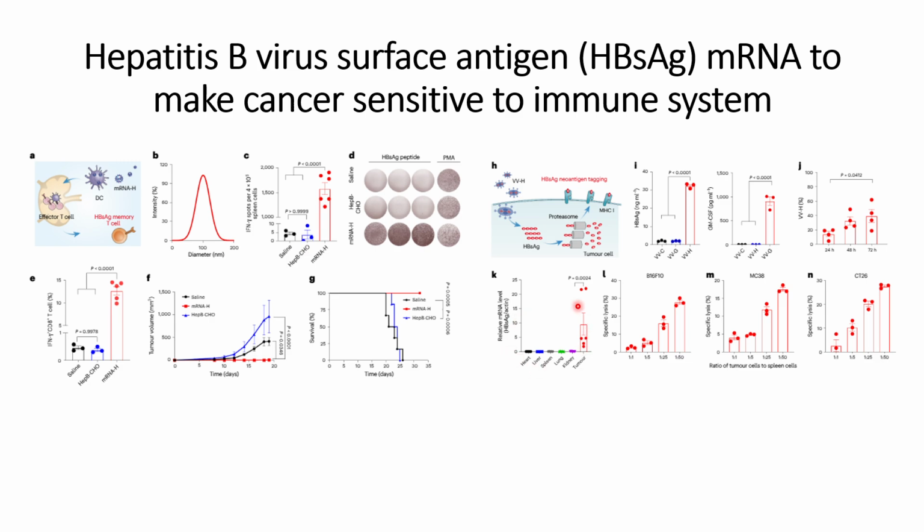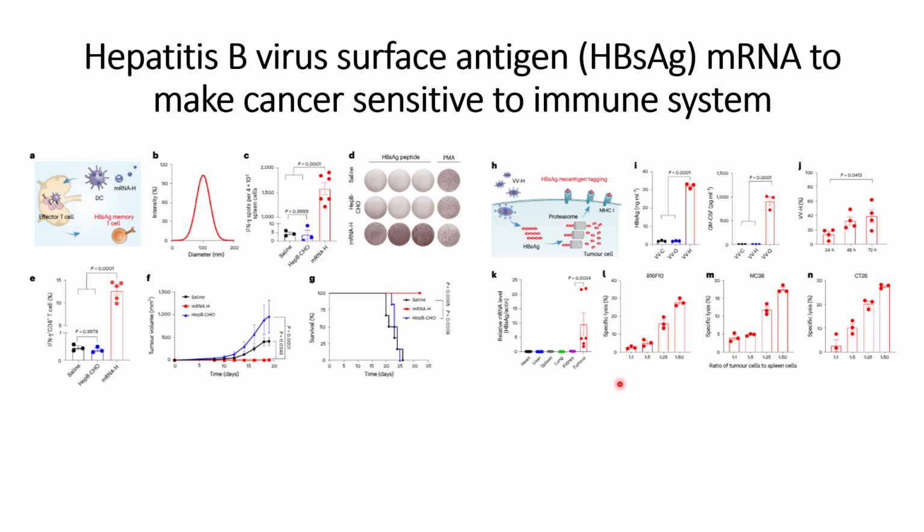Thereafter they check the specificity of the HBsAg mRNAs. They can see that the HBsAg mRNAs are specifically targeted to the tumors, compared to the other body parts where there are no signals. Then they check the lysis of tumor cells compared to spleen cells.